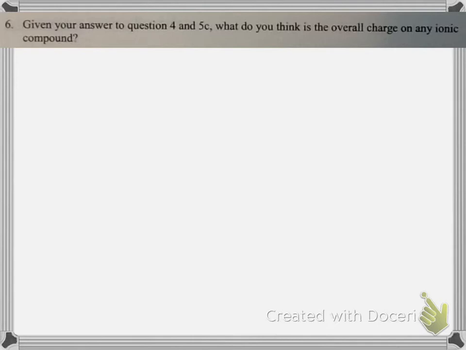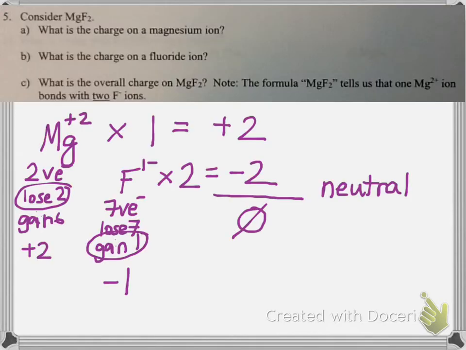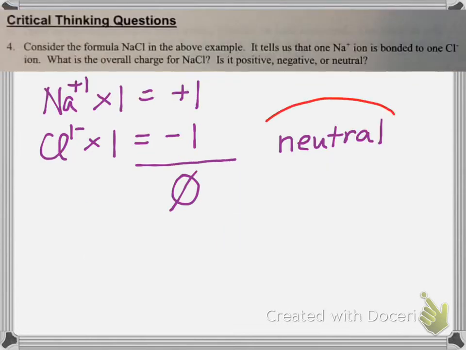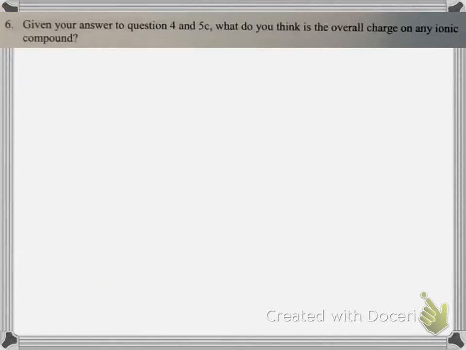Number 6, given your answer to question 4 and 5C, what do you think is the overall charge on any ionic compound? We just said that this compound was neutral, and we said that this compound was neutral. So what has to be true of all ionic compounds? They must be neutral.